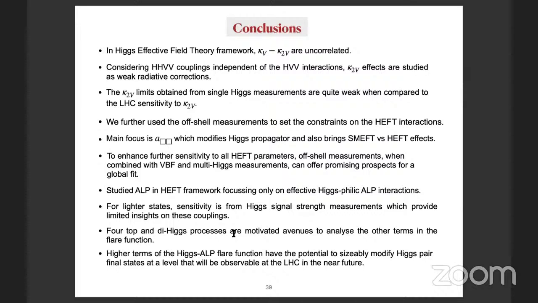The higher terms of the ALP flare function, like zeta 2D, can be an important parameter if we want to increase the rates of di-Higgs production, so that even in future it will be observable at the high luminosity LHC. With this, I conclude.